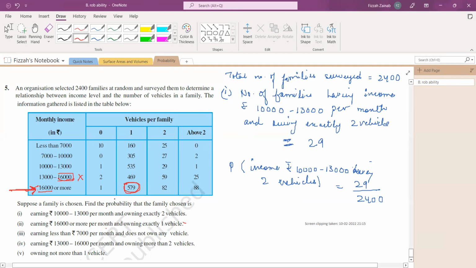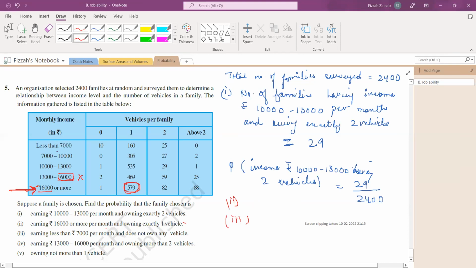Should I write it or will you do it? No, ma'am, I'll do it. Okay. Now next part. So second, I'm leaving for you. Exactly the same way you have to do, as the one. Third part.